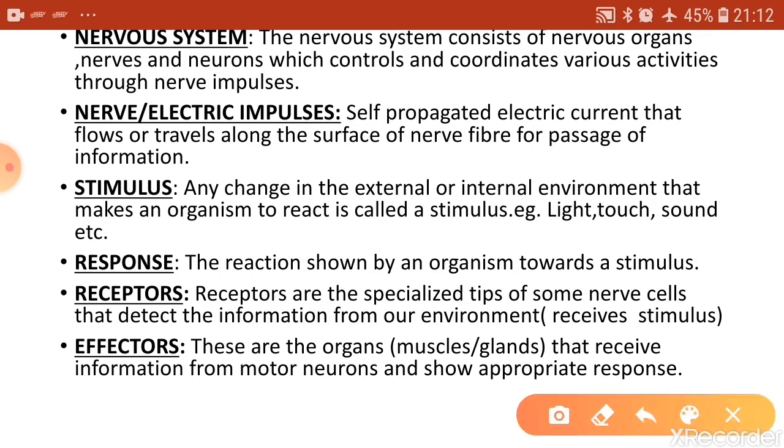Then the effectors are the organs, the muscles, glands, or any other organ that receives information from the motor neurons and shows appropriate response. I'll be discussing these terms once again, and then they will become very clear. For now, the effectors are organs like muscles or glands.